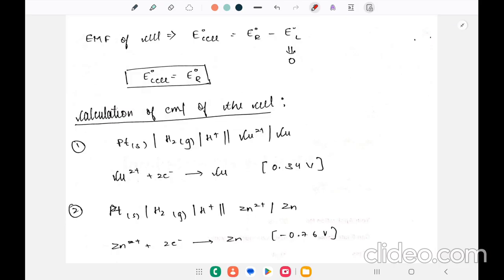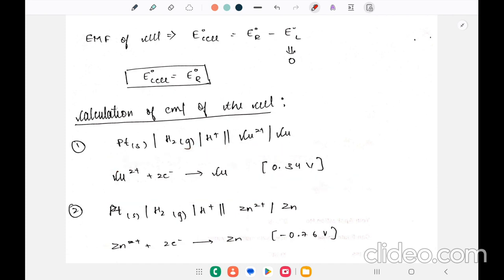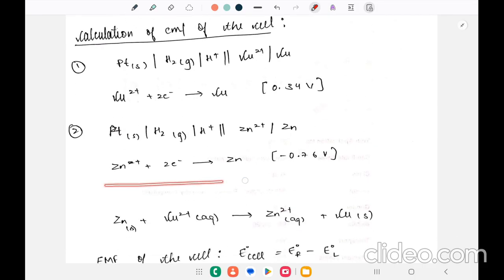So here this is a cell in which we know that this will be 0, so you can easily find out, and we found that 0.34 volt will be the EMF of this half cell. In the same way, for zinc we have found it to be minus 0.76.